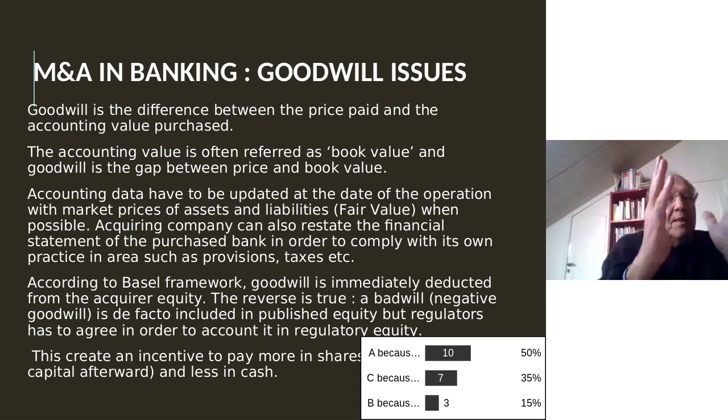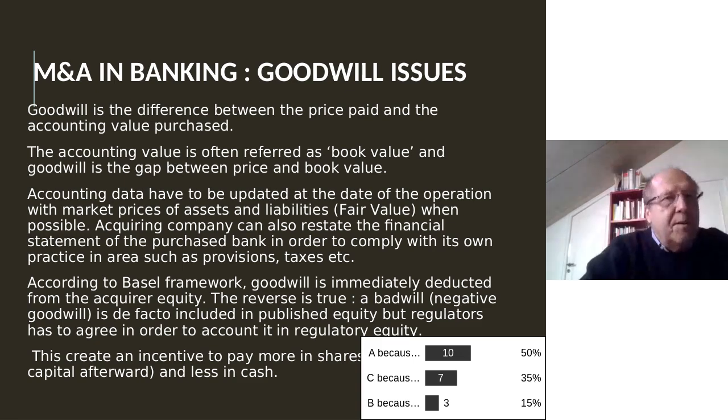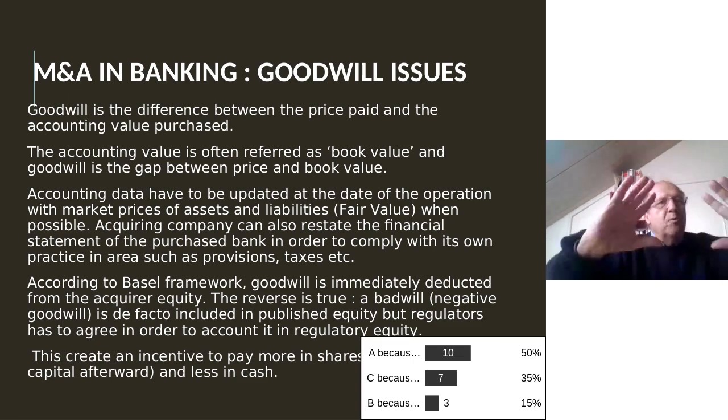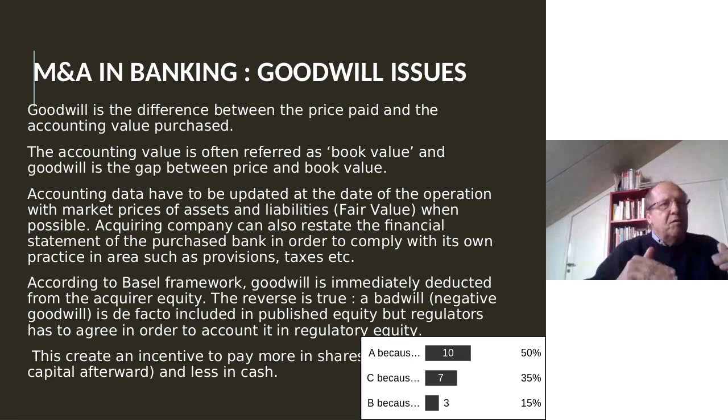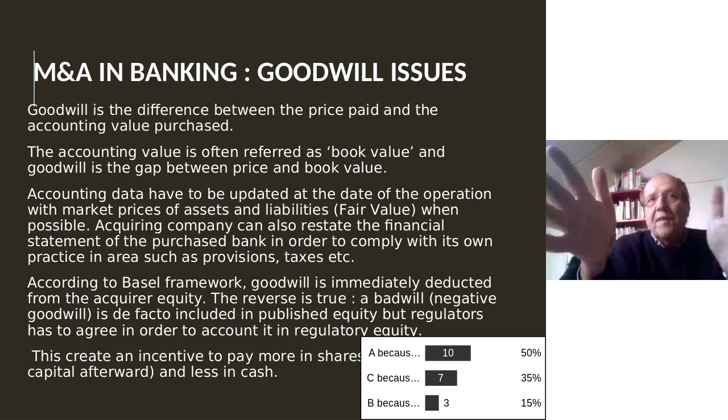So you see, this is a big issue in bank mergers and acquisitions, because it has an immediate cost on your equity capital. If you make an acquisition with a big goodwill, immediately you have to deduct it from your capital base. So imagine that you have risk-weighted assets of 100 and equity of 10, perfect.